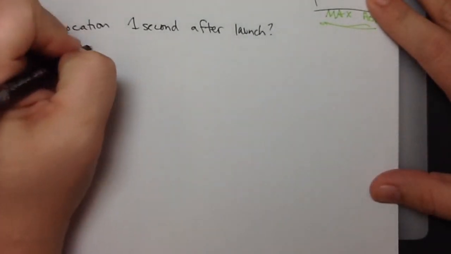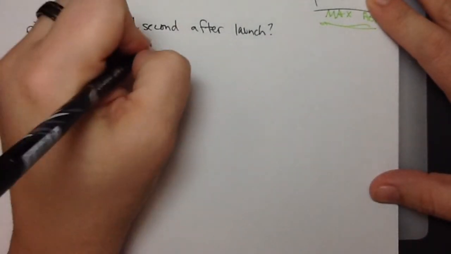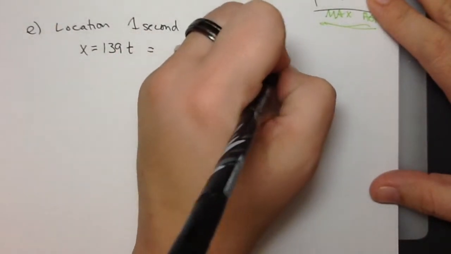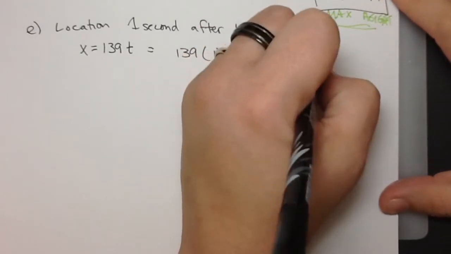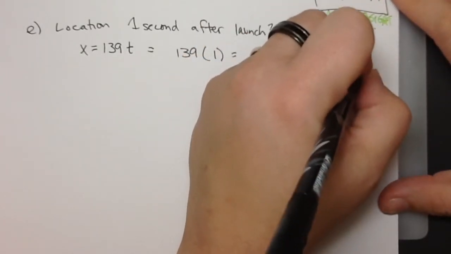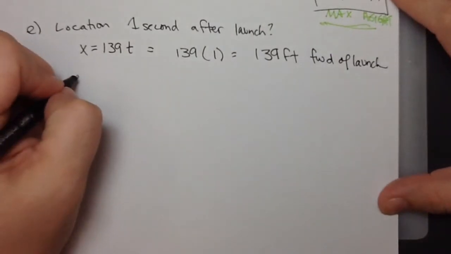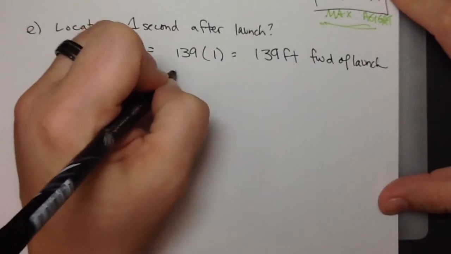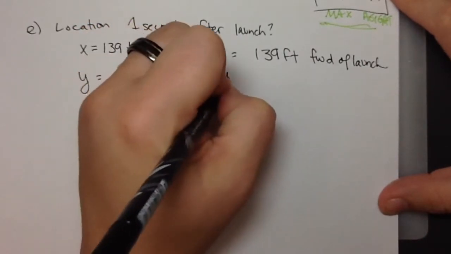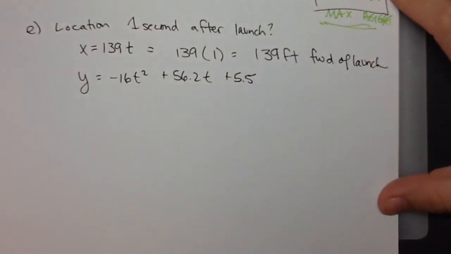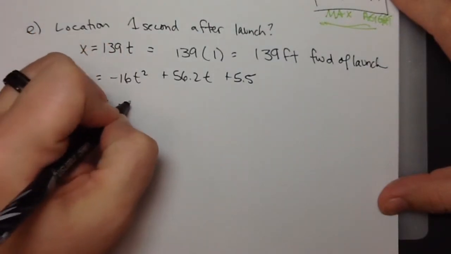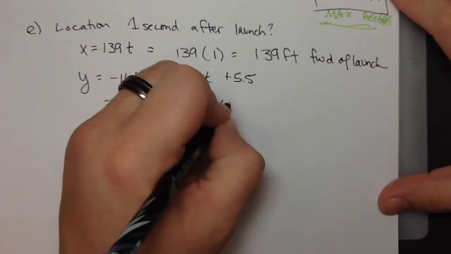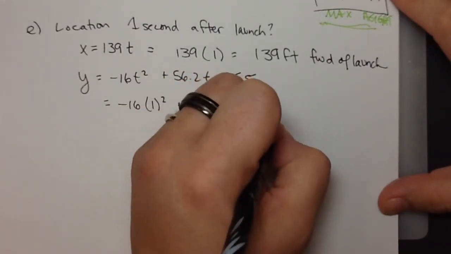So we know x equals 139t, so that's 139 times 1. So it's 139 feet forward of the launch point, and y is negative 16t squared plus 56.2t plus 5.5. We sub in 1 second. We've got negative 16 times 1 squared plus 56.2 times 1 plus 5.5.